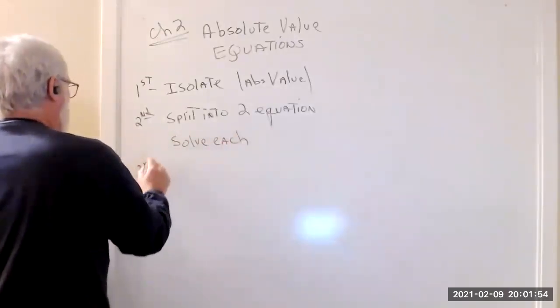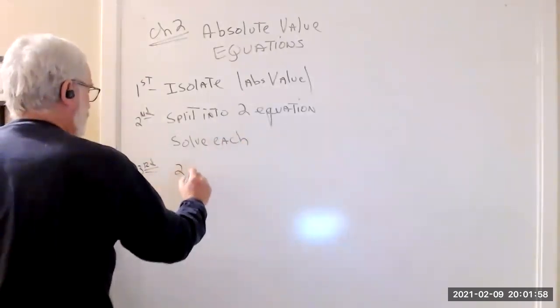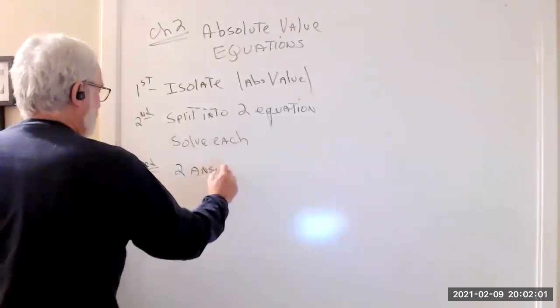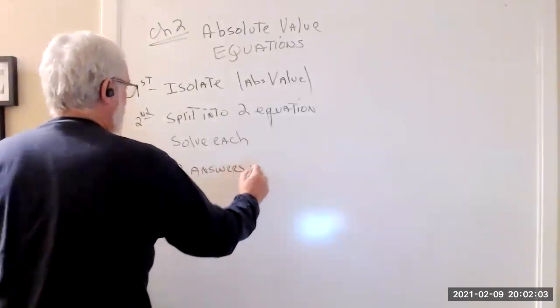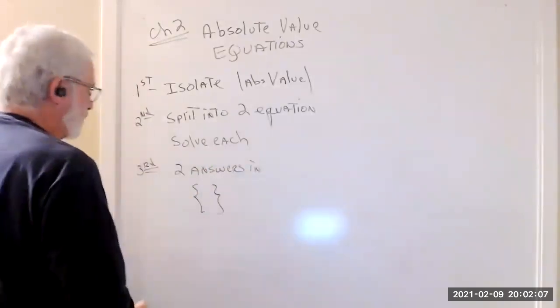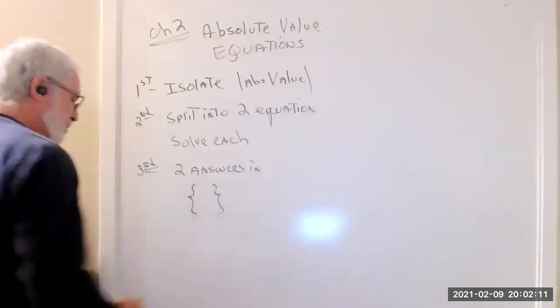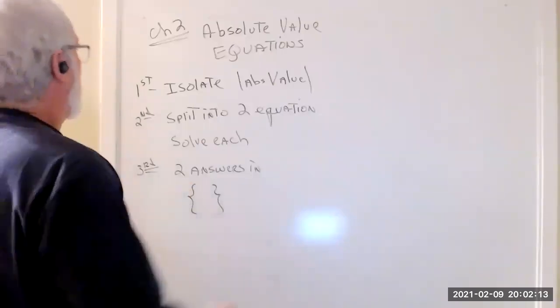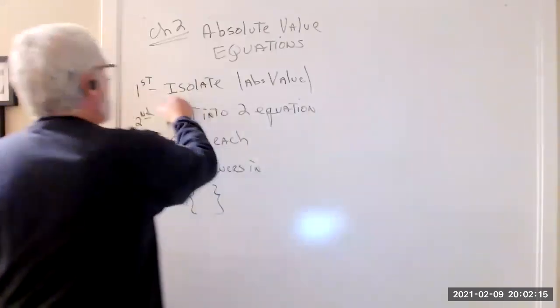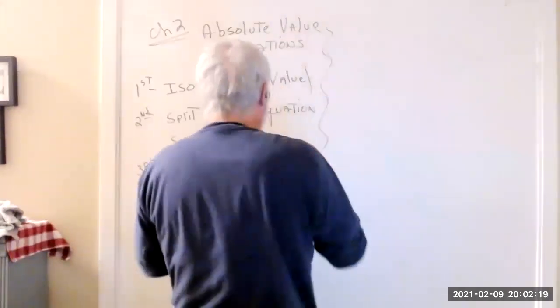Third, we're going to put two answers in these funny symbols, which I'll talk about. Those are braces. Okay. Key step here is isolate, which I'm not going to do right away.